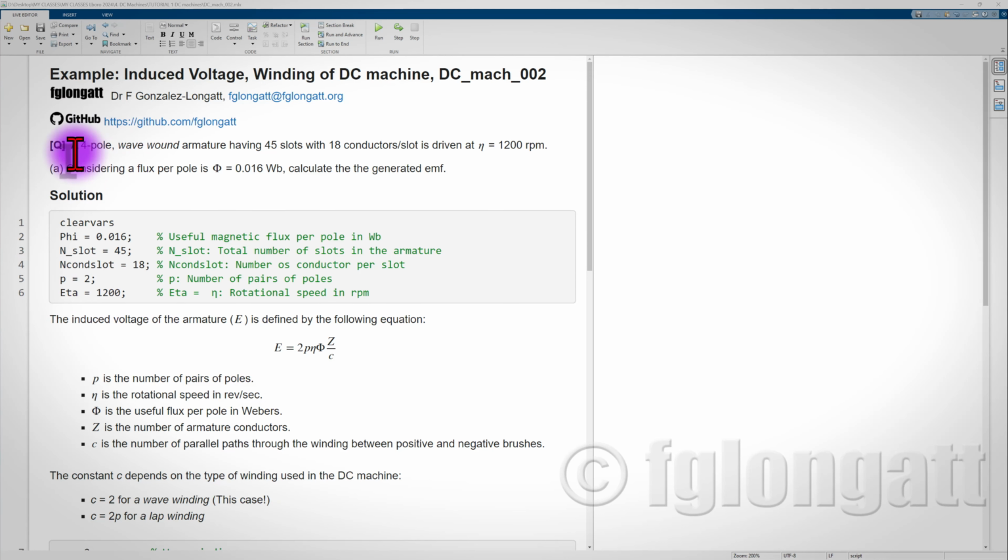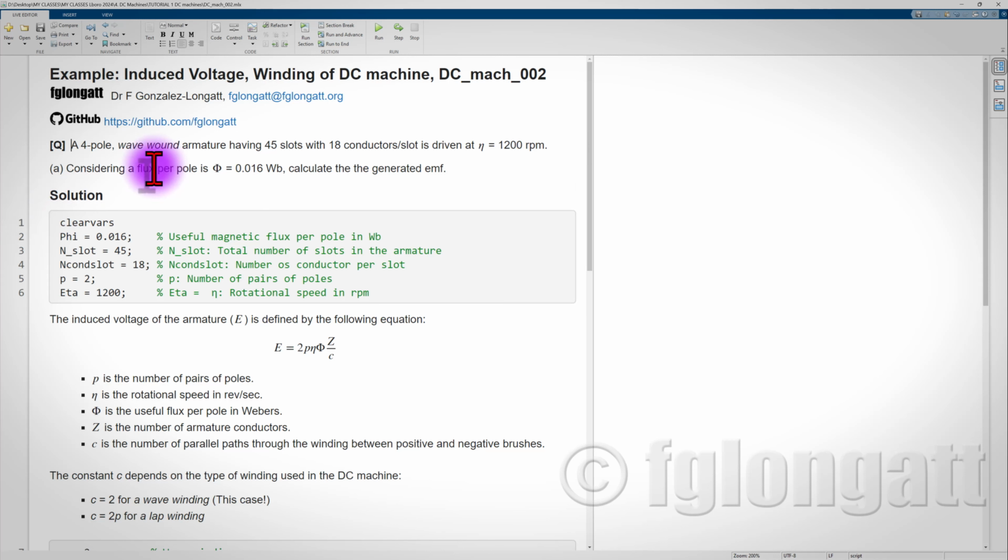So let's start with reading this very interesting statement. A 4-pole wave-wound armature having 45 slots with 18 conductors is driven at 1200 RPM.